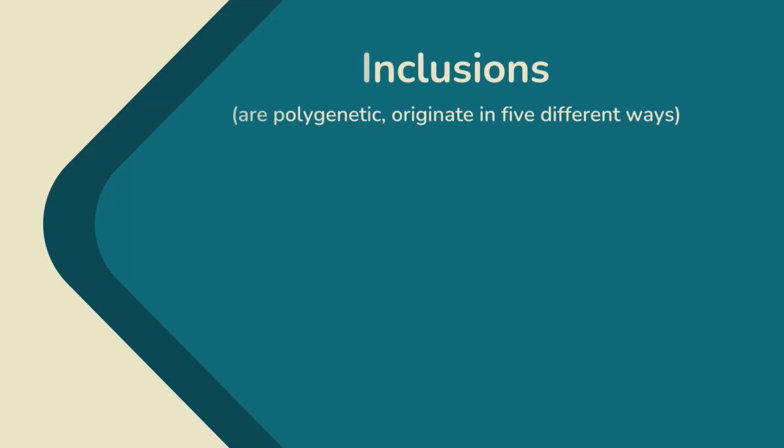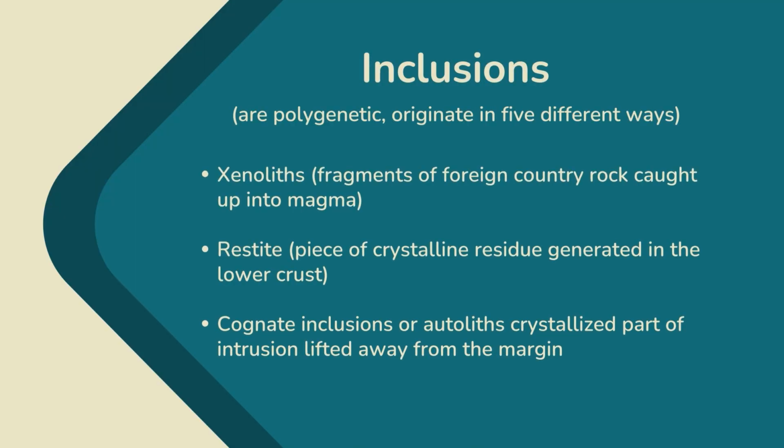Crystals accidentally incorporated but partially reabsorbed in magma and preserved are called xenocrysts. Cognates are xenocrysts genetically related to the enclosing rock. Here we have a xenolith, and next is the inclusions. The xenolith is also an inclusion.